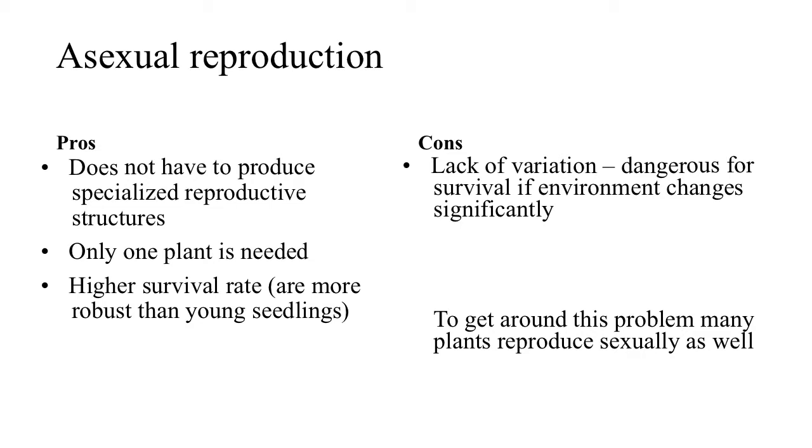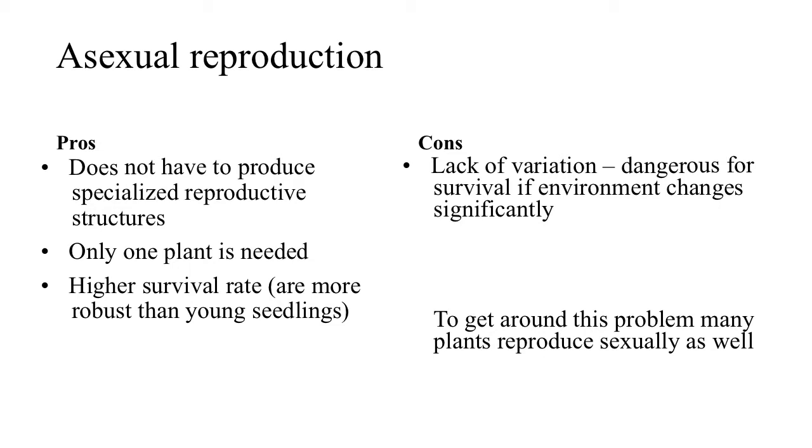And because there's already a viable, robust organism, there's a higher survival rate. The biggest con is that there's a lack of genetic diversity or variation, because any babies will have the same genetics as the parent plant.